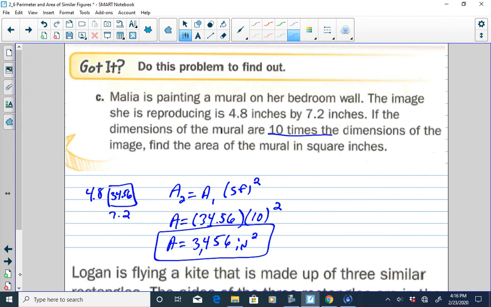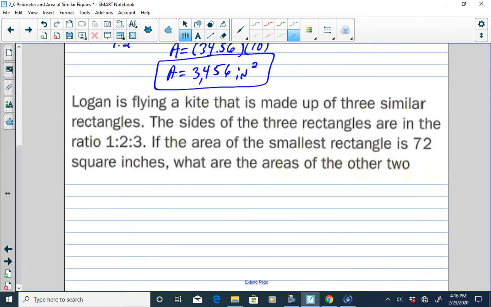Okay? Now our last problem, a little bit more complicated but kind of a neat question. Logan's flying a kite that's made up of 3 similar rectangles. The sides of the 3 rectangles are in the ratio of 1 to 2 to 3. If the area of the smallest rectangle is 72 square inches, what are the areas of the other 2?